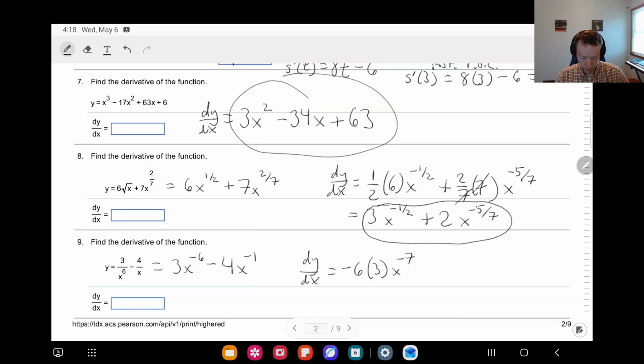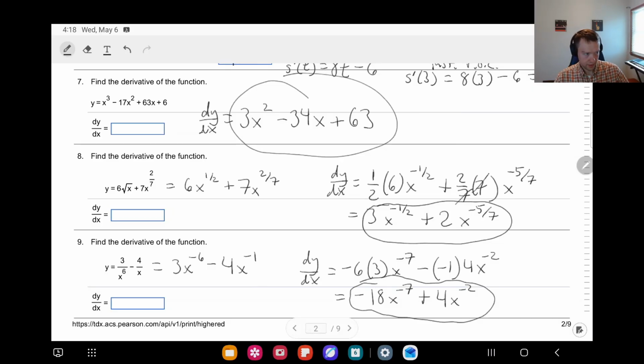Notice when we subtract 1, we're getting further negative. That happens. Negative 1 comes down here, times 4, x to the minus 2. So we get negative 18, x to the negative 7. This will be a plus 4, x to the minus 2.